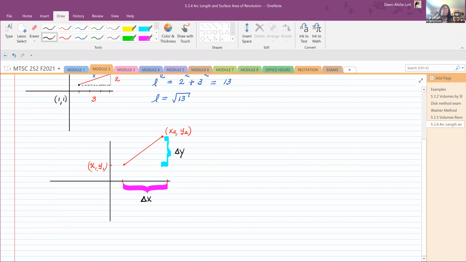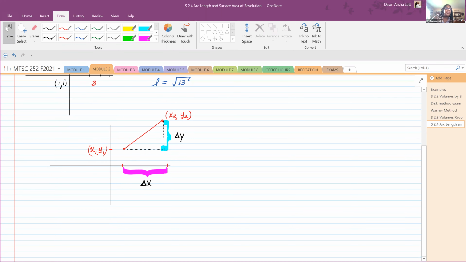So the length of that little piece now becomes the square root of the change in x squared plus the change in y squared.